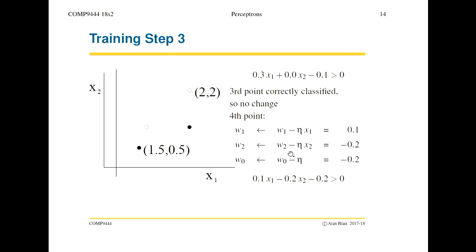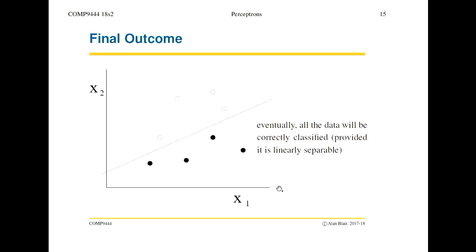So then we decrease the weights. So this just shows you the first few steps of the process. And if you keep going through, as I said, you go through all the data once, and then you go through it again, and you keep going until at some point eventually it classifies all of the data correctly.